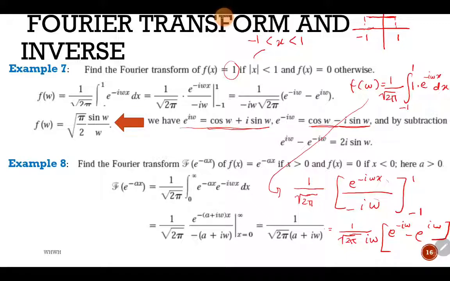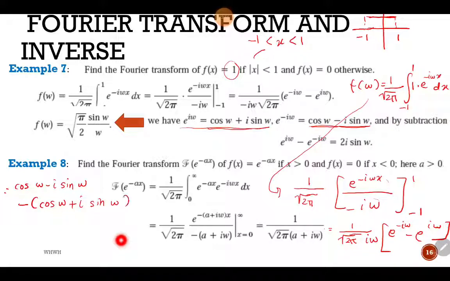Okay, dan kita gantikanlah e kuasa i omega dan e kuasa negatif i omega ke dalam persamaan ini. Okay, so saya tulis lagi sekali. So e kuasa negatif i omega sama dengan cos omega tolak i sin omega, tolak e kuasa i omega is cos omega tambah i sin omega.